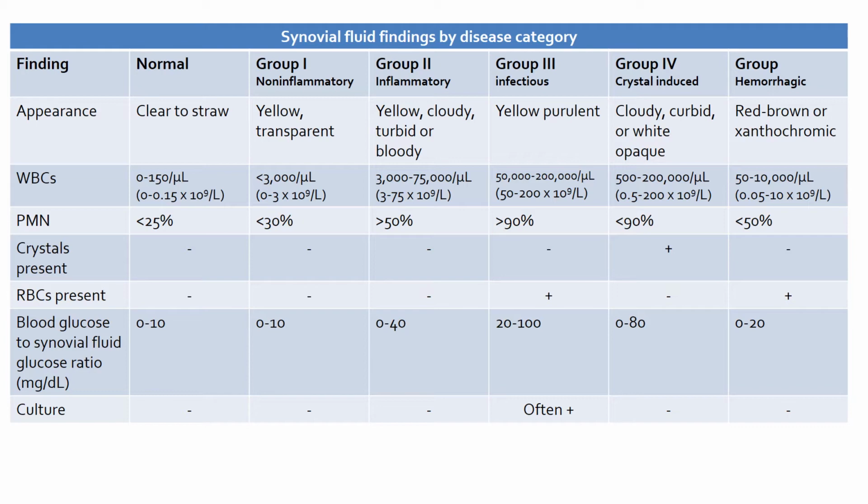And then one of the other things that we sometimes see, and usually it's in patients who have rheumatoid arthritis, they frequently have an increase in cholesterol in the fluids, and that will change the fluid to a dark yellow color. And that's because there's just increased fat, it's cholesterol in the fluid. So that would not be an unusual finding, but it's usually with those patients who have rheumatoid arthritis.